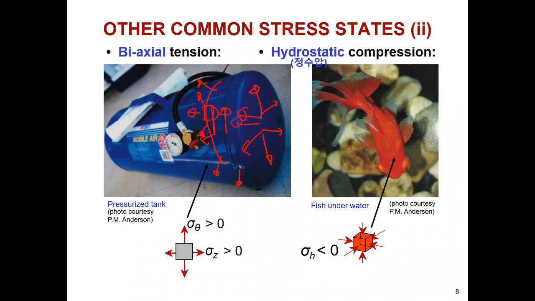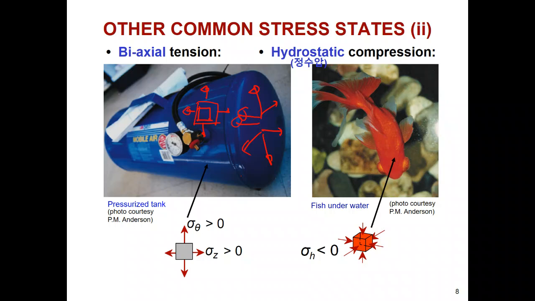Okay, let's change some images. At that time, due to some reason, this cross-section surface area tends to be increased. That means that the stresses exist in the whole plane, in every direction, so we say that this is a biaxial tension stress.